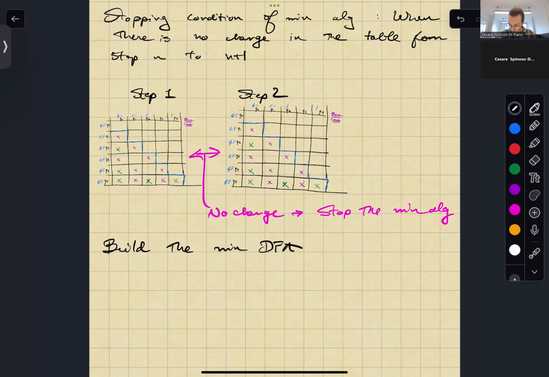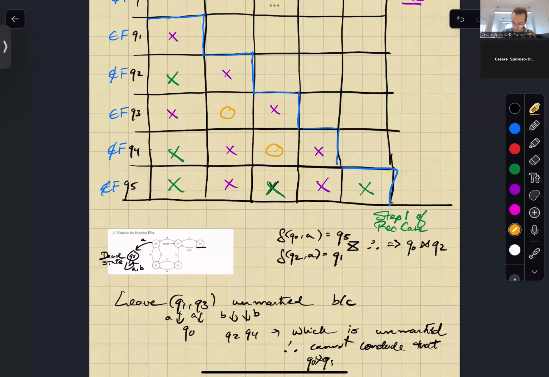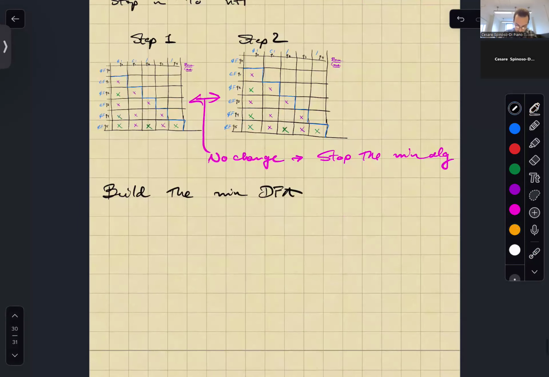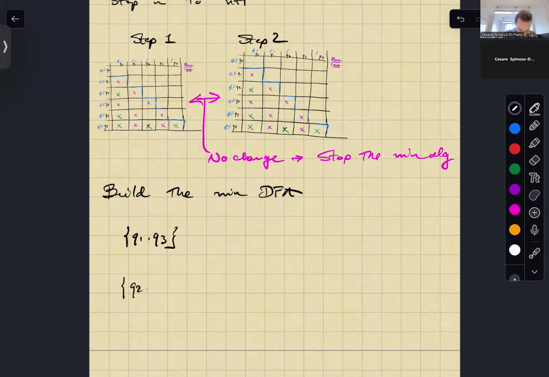So I can also signal this by maybe adding a circle in both of these cases. That tells me that I should have Q1, Q3 as one state in my minimal DFA, Q2, Q4 as another one, and then all the other states that aren't grouped so far should be in separate states.